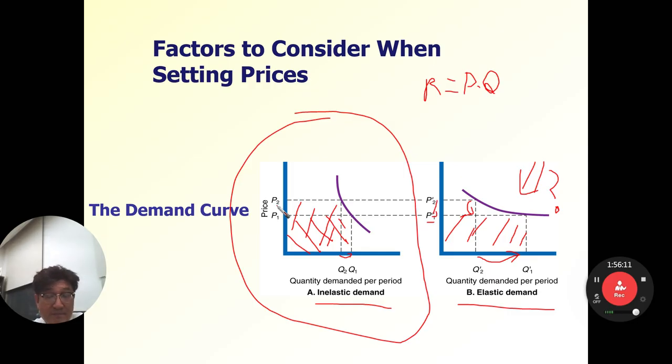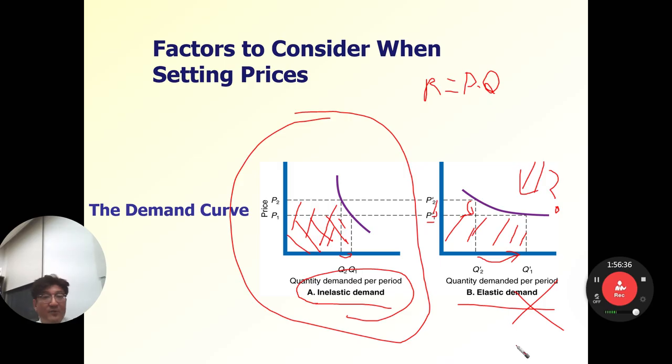That is the marketer's dream. We want to have inelastic demand, not elastic demand. Please do not see all the things from the customer's perspective. Now you have to see things from the marketer's point of view.